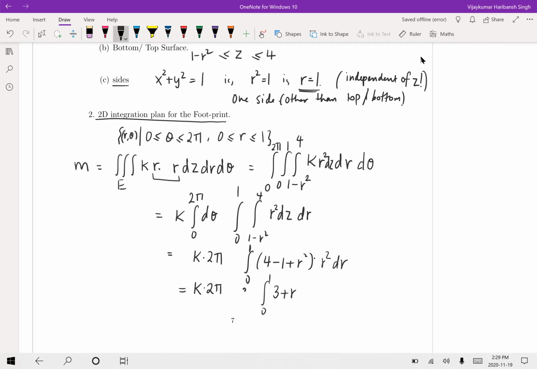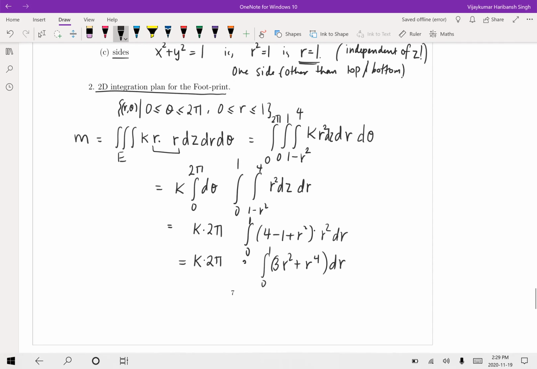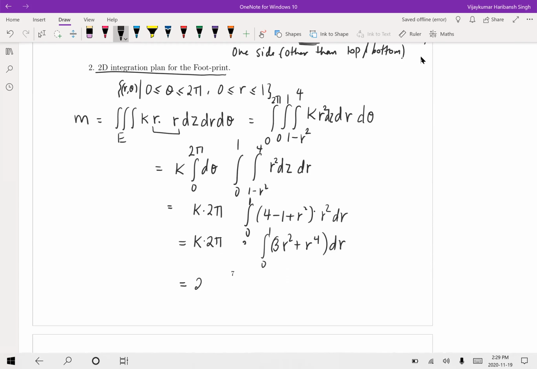So we get 3r squared plus r to the power 4 dr. That is 2 pi k, and you integrate: r cubed plus r to the 5 over 5, from 0 to 1, and then the answer is 12 pi k by 5.